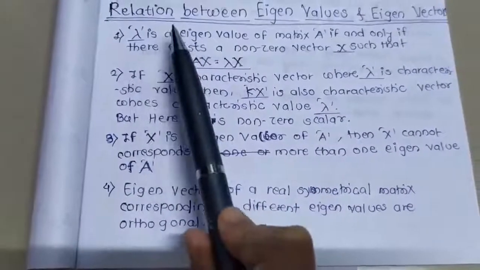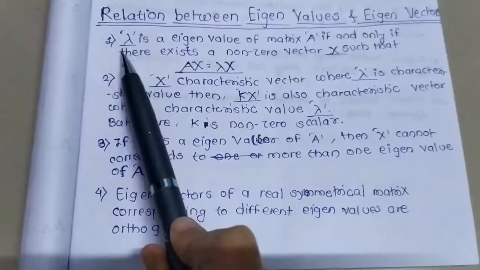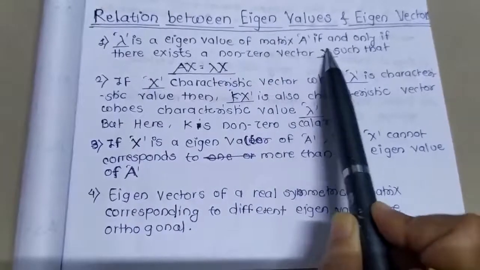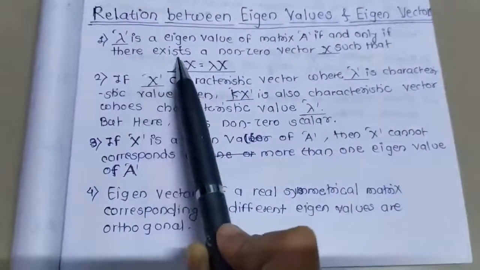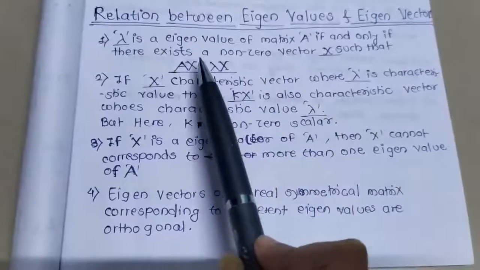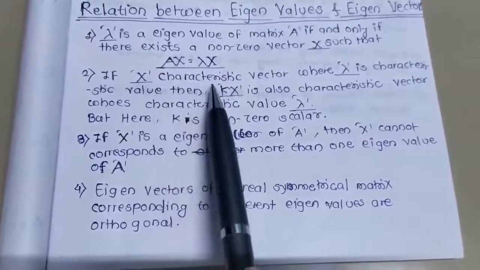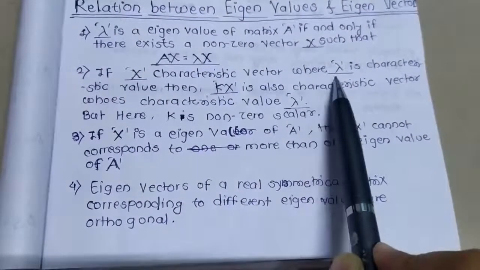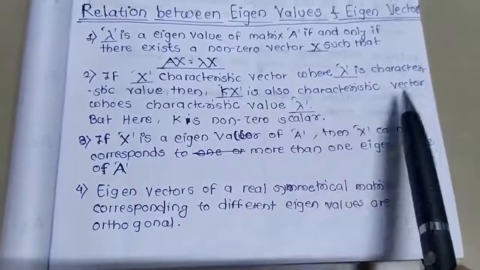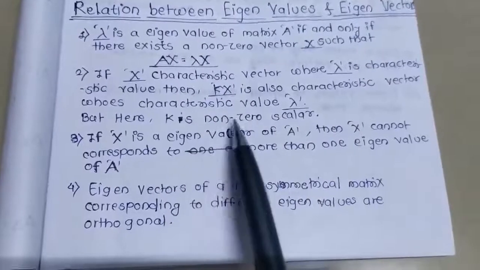Now, the relation between eigenvalues and eigenvectors. First, λ is an eigenvalue of a matrix A if and only if there exists a non-zero vector x such that Ax = λx. If x is a characteristic vector where λ is a characteristic value, then kx is also a characteristic vector with characteristic value λ, but here k is non-zero.